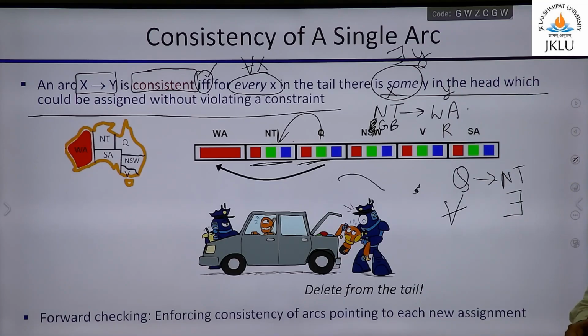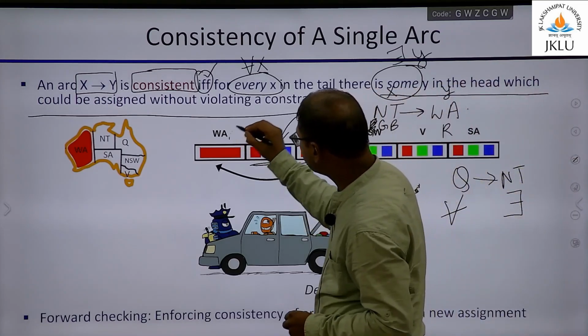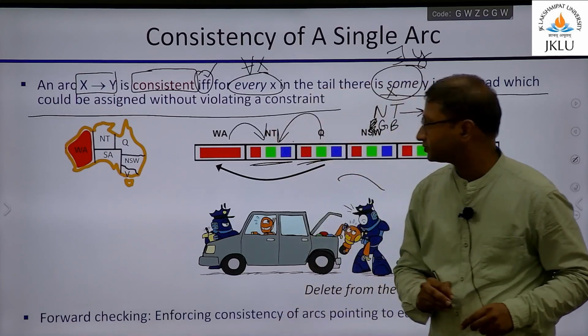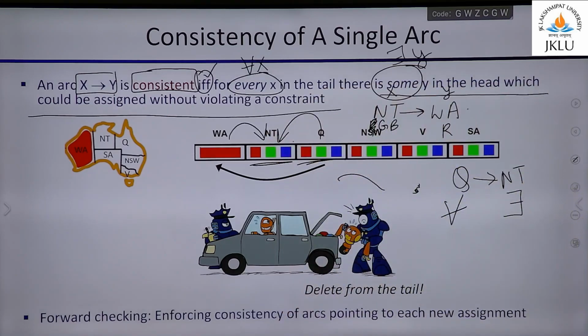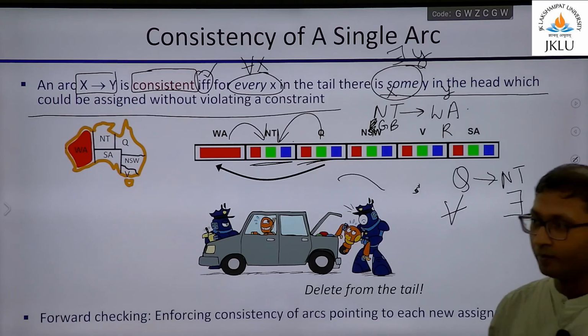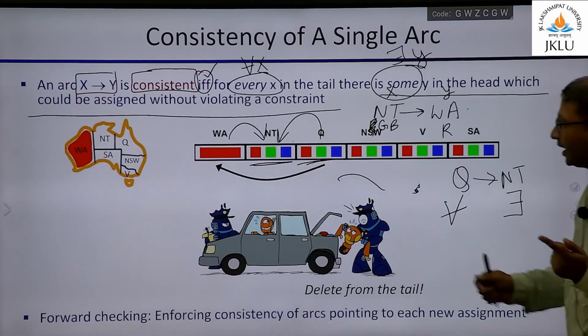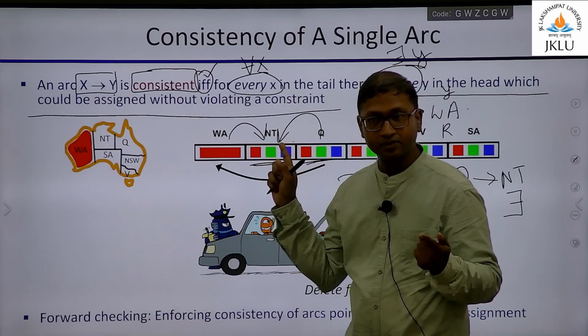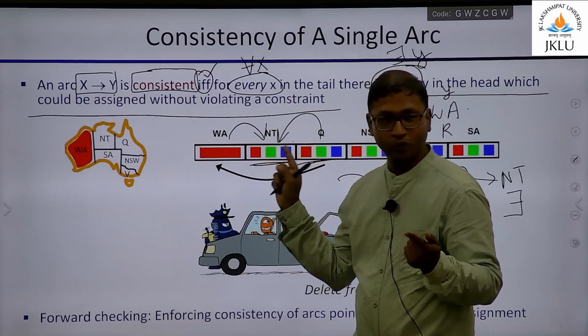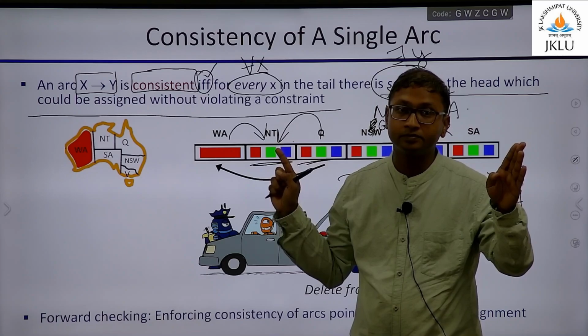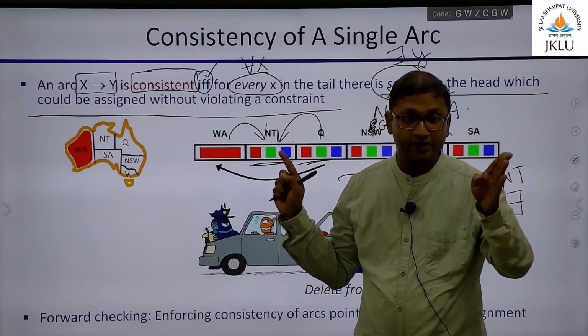All right? Now tell me, is this arc consistent? Why so? Because there is only one domain for WA, which is red, and for this red there exists someone in this. Do I need to delete anything?